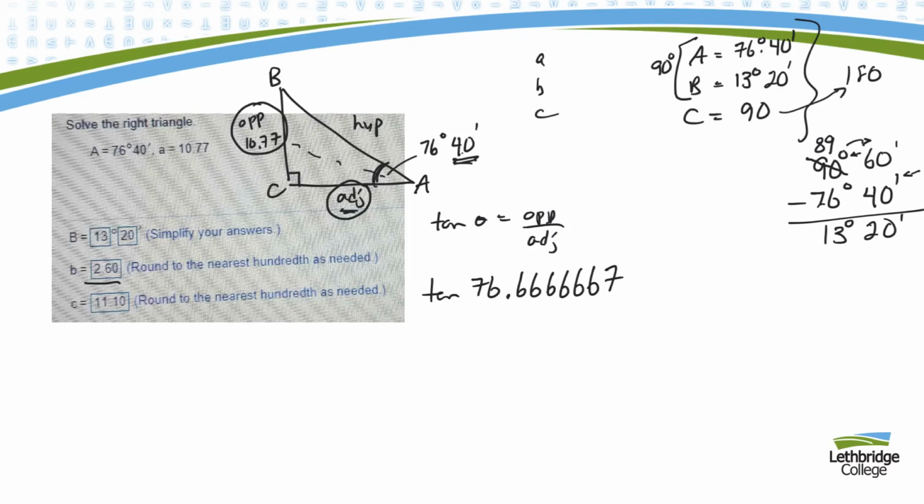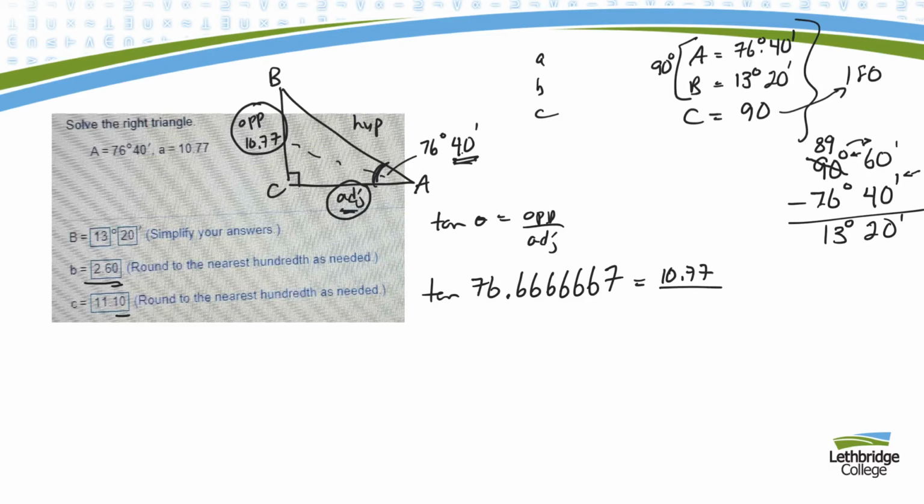And the more you put in, the more accurate you are. Like if you would round that to 76.7, that's too much rounding. Especially if you have to go to 2 decimal places in your answer, you'll have something out a little bit.